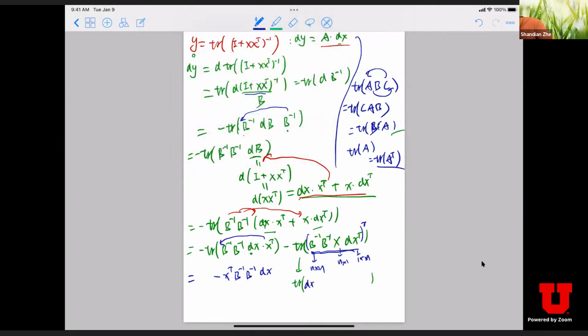Then the second term becomes x transpose. And the third one is B minus transpose. And then we take the trace. The result is the same, right? So if you look at B here, what is B transpose? B is identity plus X transpose.